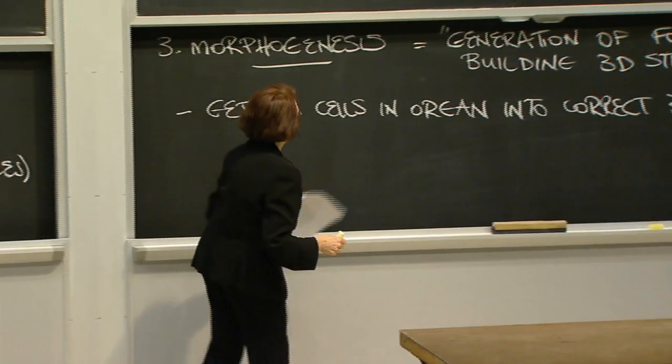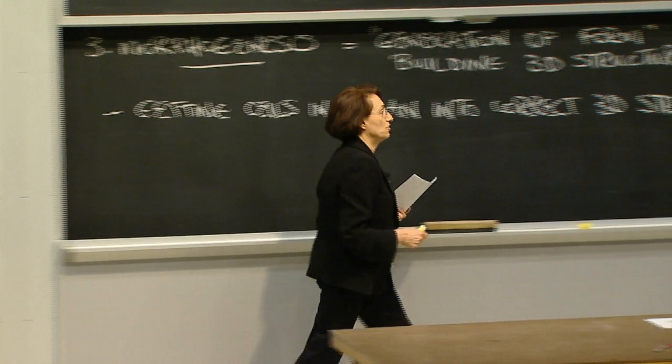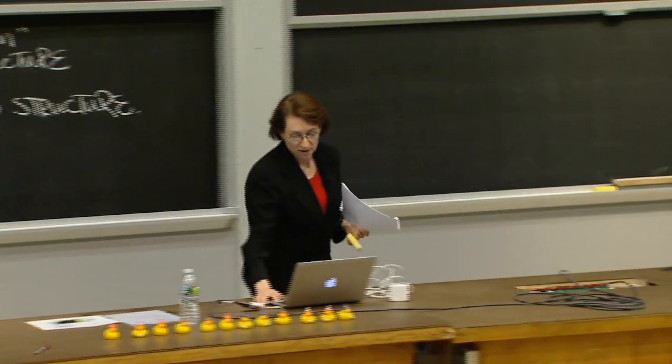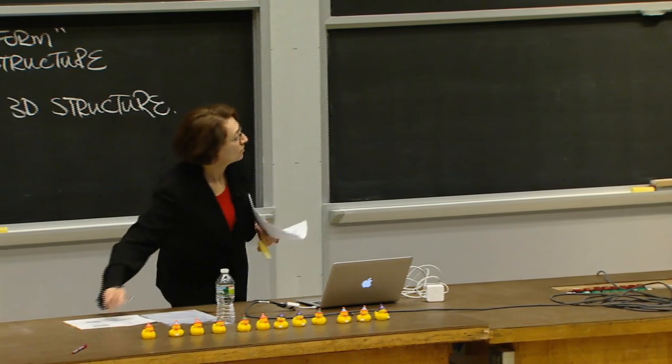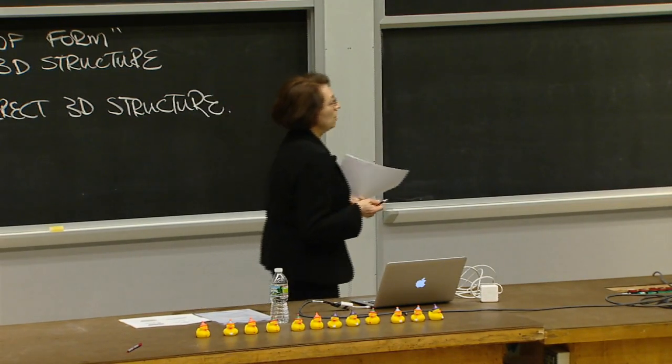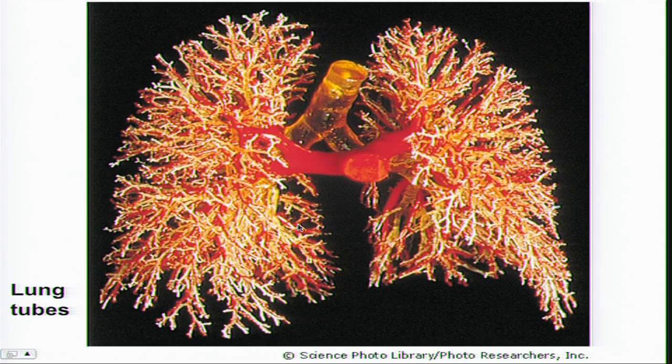So, getting cells in organs into the correct 3D structure. This is a great example of 3D structure, another one: the lungs, which are about a 20-fold iteration of branching. You start off with one tube, the trachea, which branches into the two bronchi, and those branch, and they branch, and they branch.